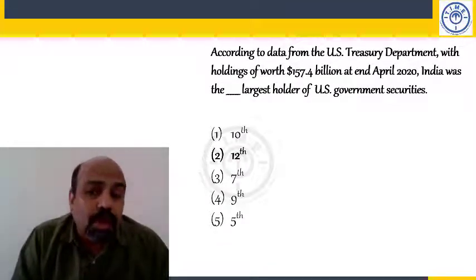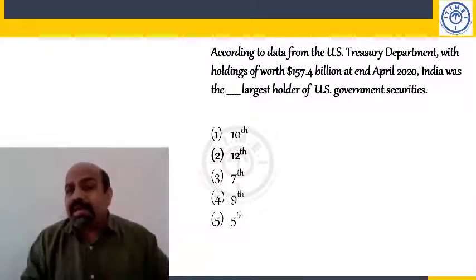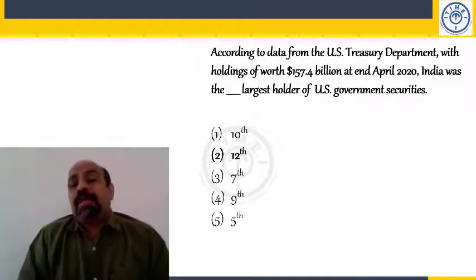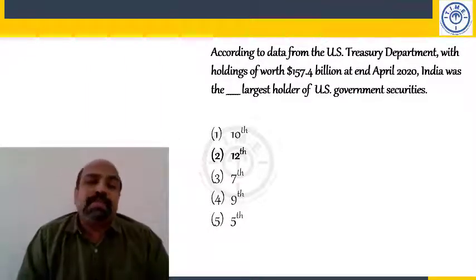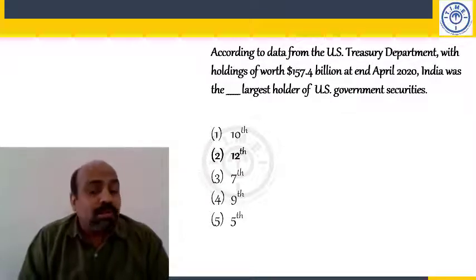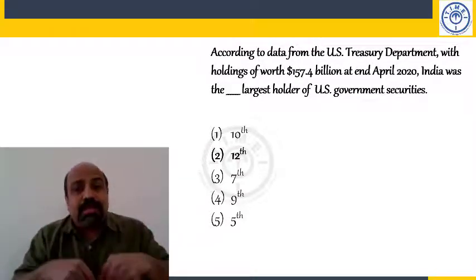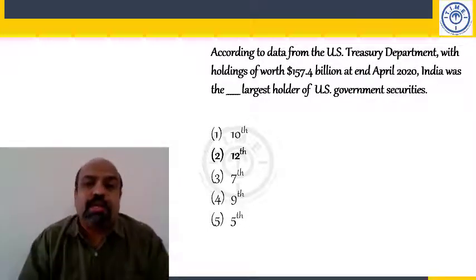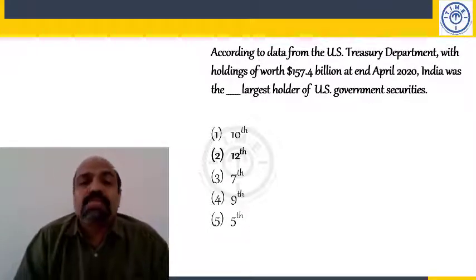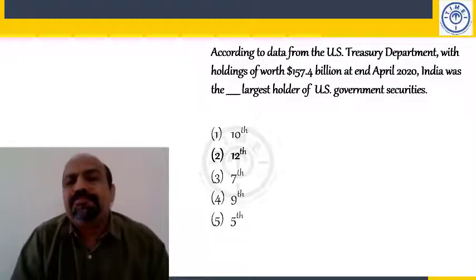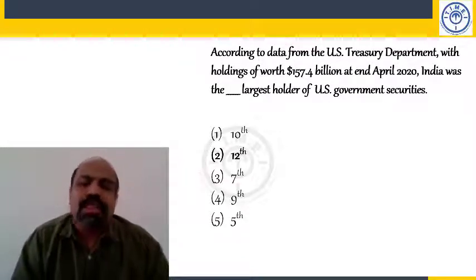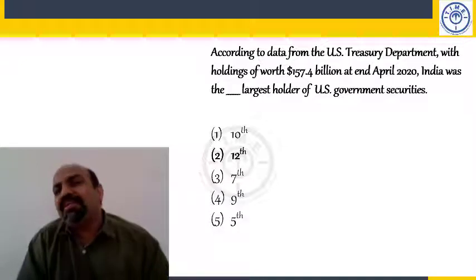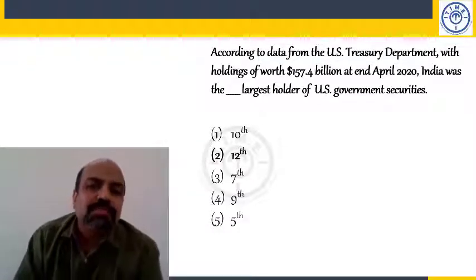money. What is the scale of American government securities? If you go to their Treasury Department's website, you will find that their total bonds issued, what they have borrowed from the world, is $6,750 billion.